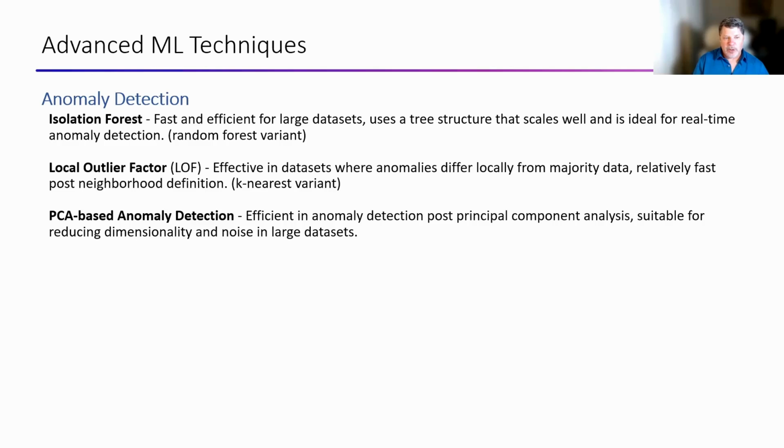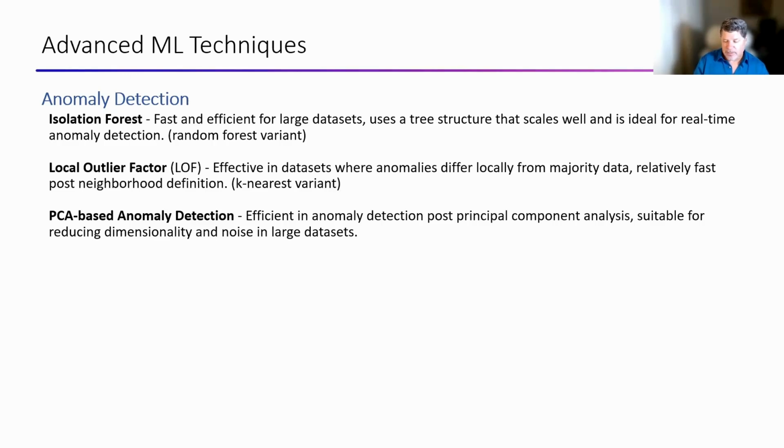PCA is the principal component analysis anomaly detection. This is an interesting one in which they run through the vast arrays of numbers, the vectors, and create the model. Then they try to recreate the data from the model they created, and they look at the difference, and that's your loss function.